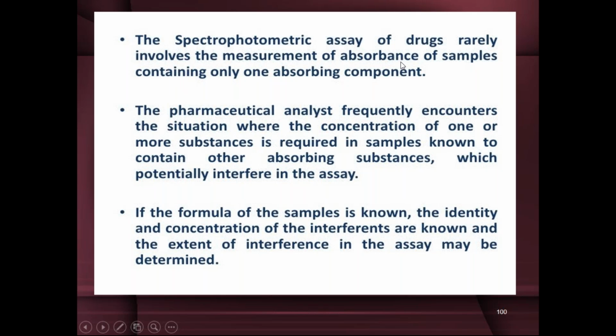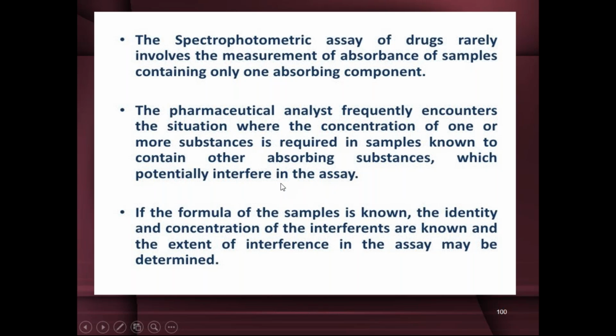The spectrophotometric assay of drugs rarely involves the measurement of absorbance of samples containing only one absorbing component. That means in our case, only one drug. The pharmaceutical analyst frequently encounters the situation where the concentration of one or more substances is required in samples known to contain other absorbing substances, which potentially interfere in the assay.